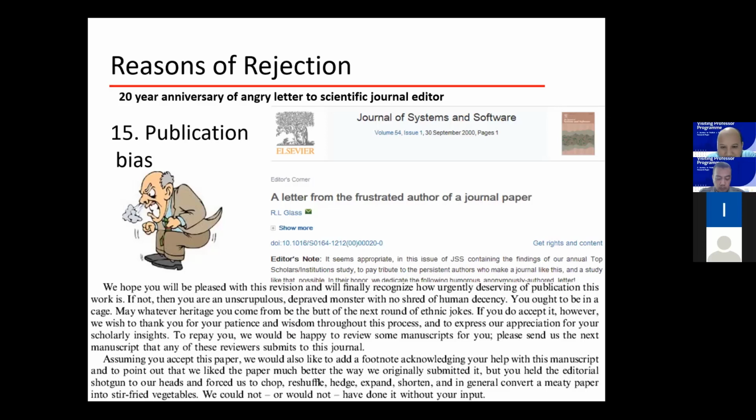Up to the level that he was very frustrated, he wrote a long letter to the editor-in-chief, and his letter became a paper. The letter was accepted, and it became a special paper in the Journal of Systems and Software. If you look here, you can read and find out about this yourself.